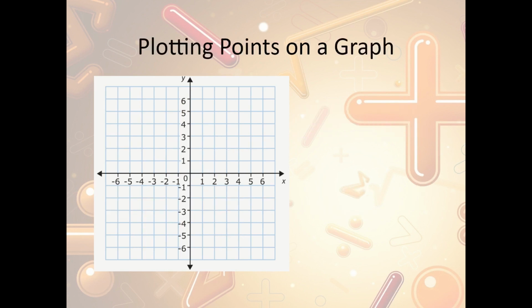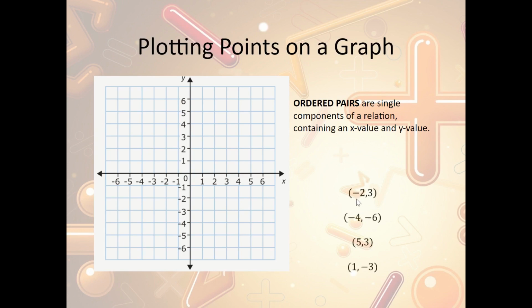Now, how do we plot points on the graph? Well, first of all, we're given ordered pairs. Ordered pairs are single components of a relation containing an x value and a y value. So what that means is we're given an x and a y. For instance, this is an ordered pair: -2, 3.